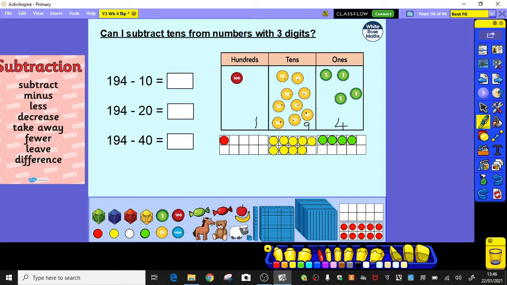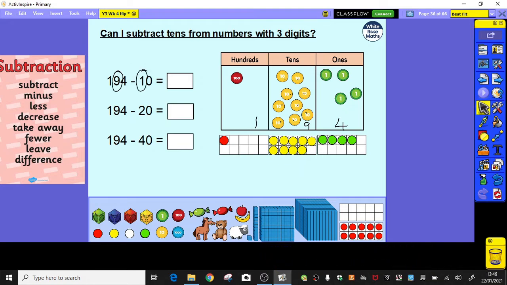So let's have a look at our tens digit. Well, in my main number I've got 9 tens, and I'm taking away 1 ten. So I know that 9 tens take away 1 ten is going to leave me with what? That's right, 8 tens.